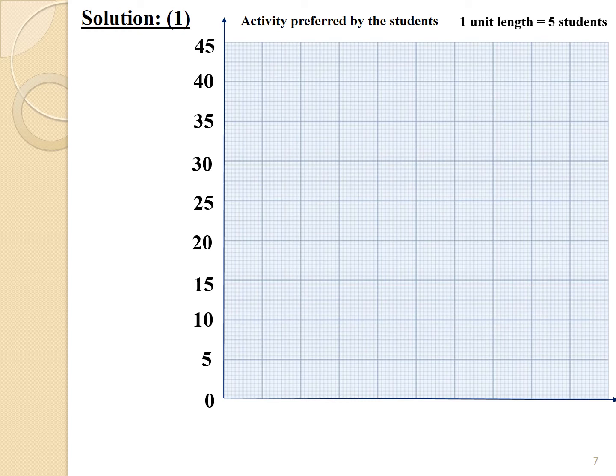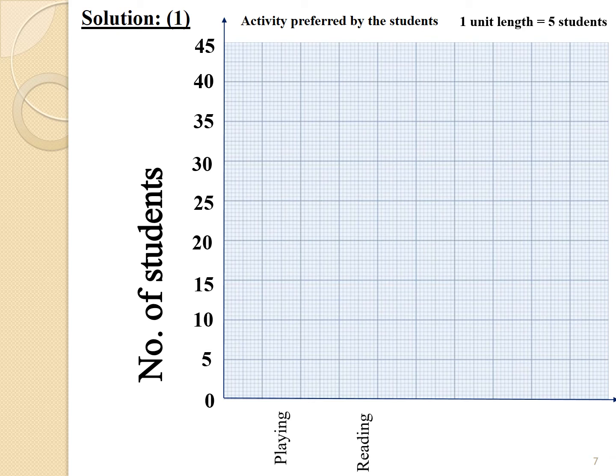Since 1 unit length equals to 5 students, also you have to write number of students along the vertical line. Then you have to write the activities along the horizontal line like playing, reading, watching TV, listening to music and painting.